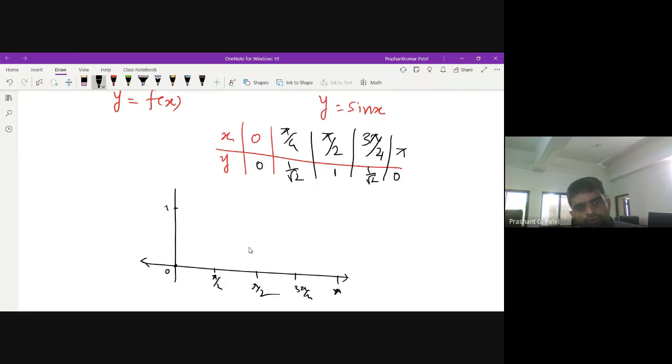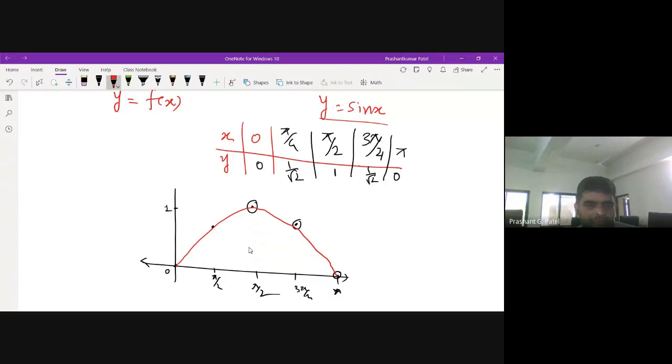Suppose this is your 1, then 1 by root 2 maybe somewhere here, 1 will be here, then again 1 by root 2 will be here, and 0 is there. And then we'll join these by one continuous curve. Actually, that is a continuous function, this function y equal to sin x.